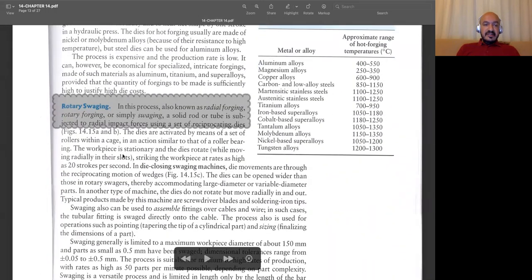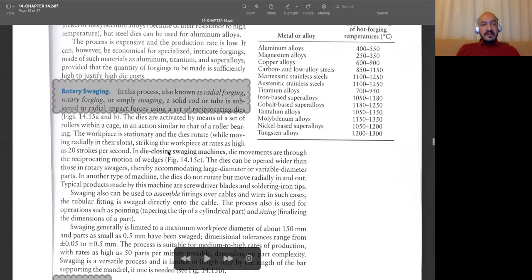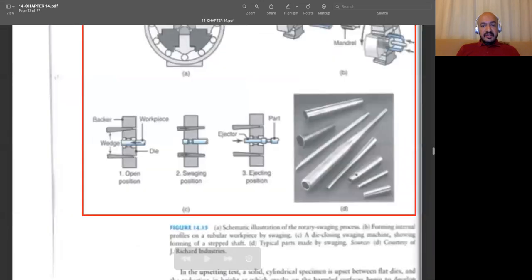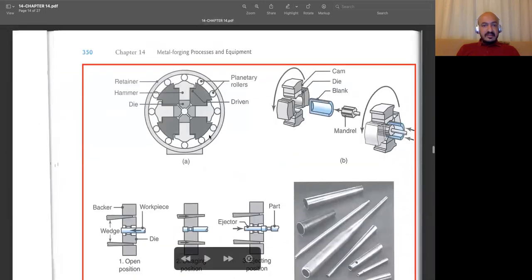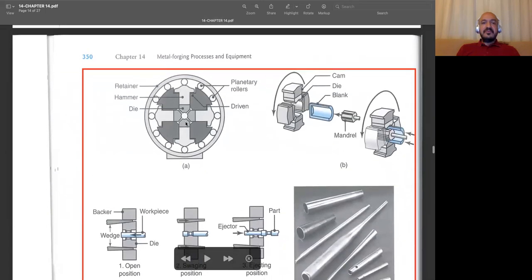Then we have a different type of forging process called rotary swaging, and I would like to explain this one on the figure here. This is a schematic of rotary swaging. What we try to do is decrease the diameter of pipes and tubes with this process. We have many hammers; you see these hammers, and we have four of them.